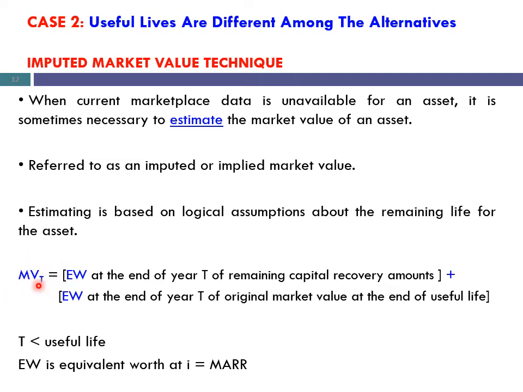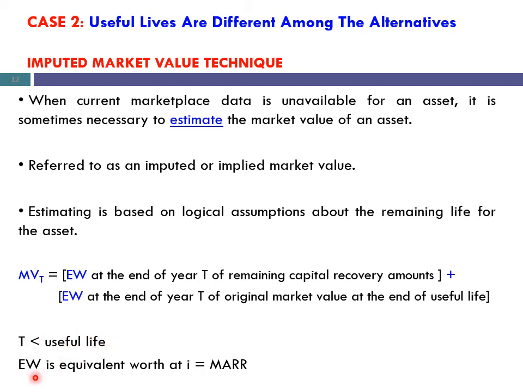Okay, so this market value at the end of T can be calculated by finding the equivalent worth of the remaining capital recovery amounts at the end of year T, plus the equivalent worth of the original market value at the end of the useful life. So we find its equivalent worth at time T. This is the case when the project study period is less than the useful life.